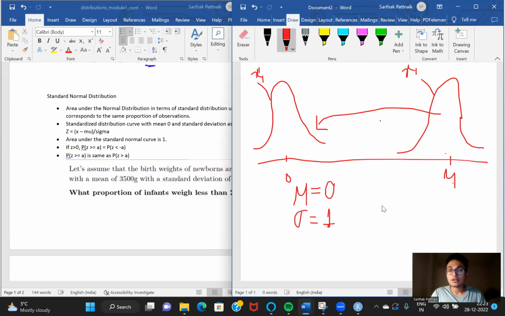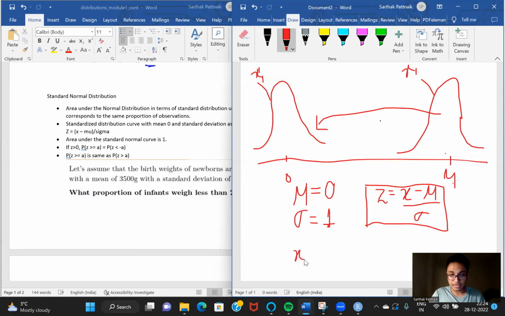So this is where we come to the z value of a point on the normal curve. So the z value or the transformation value is given by x minus mu divided by sigma. This is how all the points on the initial curve are going to be transformed to the new curve.